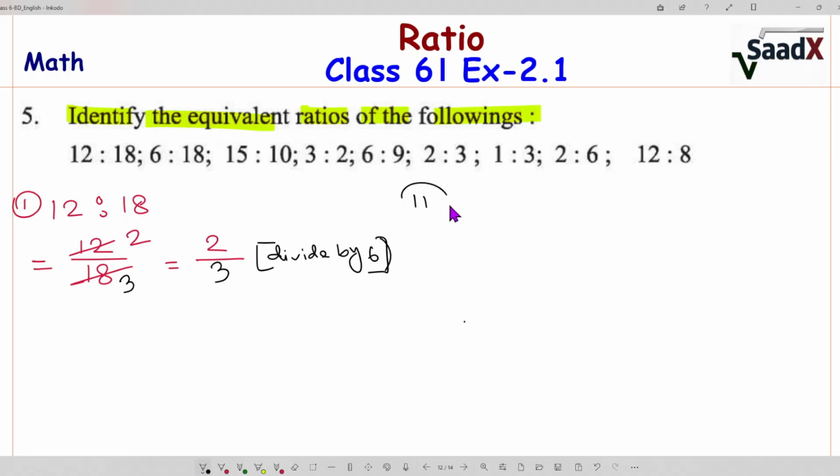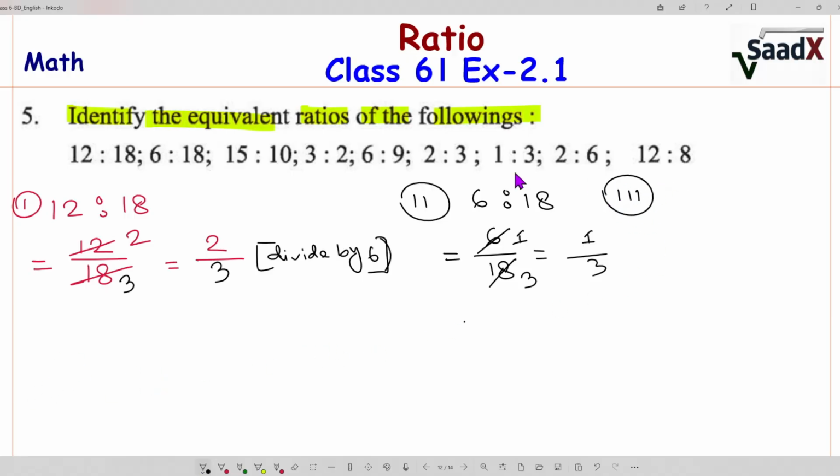Number 2, here the ratio is 6 to 18, so we can write 6 by 18. We can divide again by 6, so here is 1 and here is 3, so 1 by 3, right? Number 3, 15 is to 10, so here is 15 by 10.